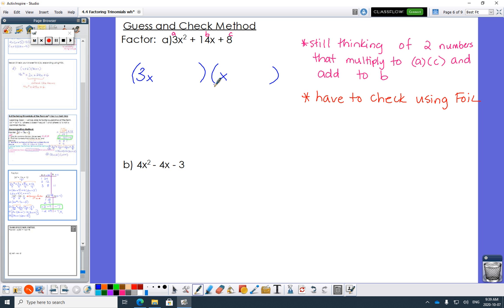And we need two numbers that multiply to get us 24 and add to get us 14.